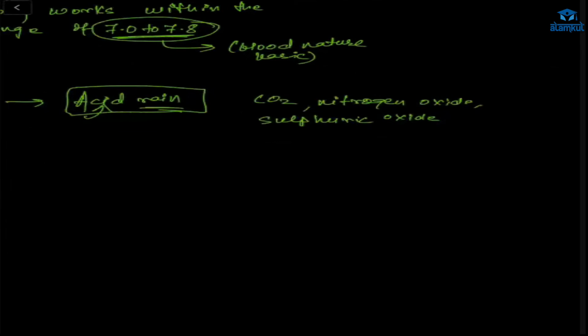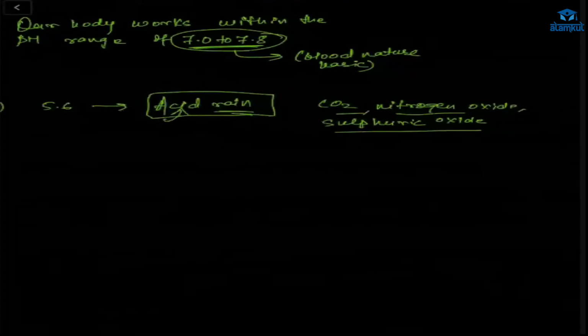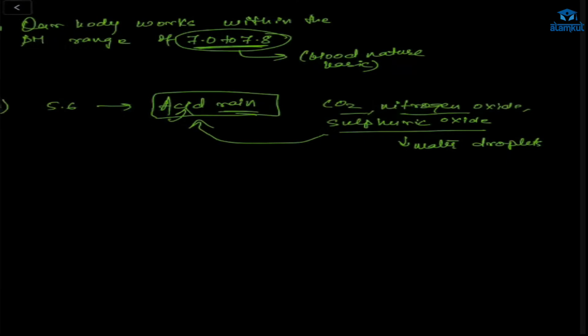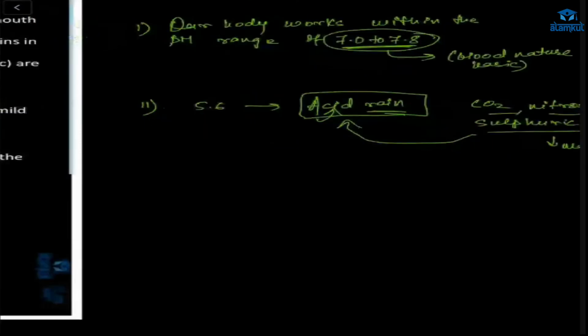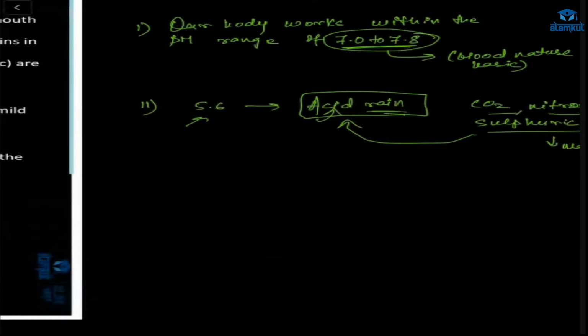With the help of these gases, the rain becomes acidic, because these go up and mix with the water droplets of that rain and make the rain acidic. The acidic range is below 7, and here it's 5.6, so it's acidic.